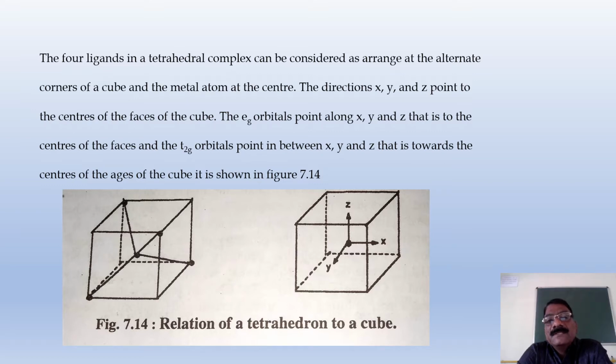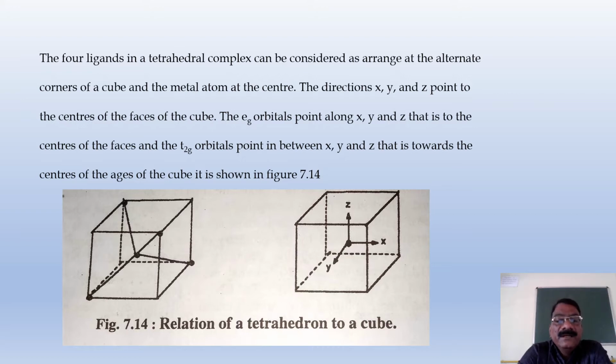The eg orbitals point along the x, y and z axes, that is, to the centers of the faces, and the t2g orbitals point in between the x, y and z axes, that is, towards the centers of the edges of the cube.